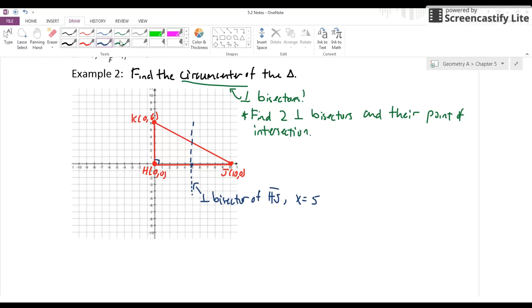Then I need to find a second one, and that is going to help me locate the circumcenter. Let me use a different color here. All right. So again, vertical line, super simple to cut in half. So it's 1, 2, 3, 4, 5, 6. That's the length divided by 2, and I know the midpoint is here at y equals 3. And if I just extend that horizontal line here in orange, that's my perpendicular bisector of KH.